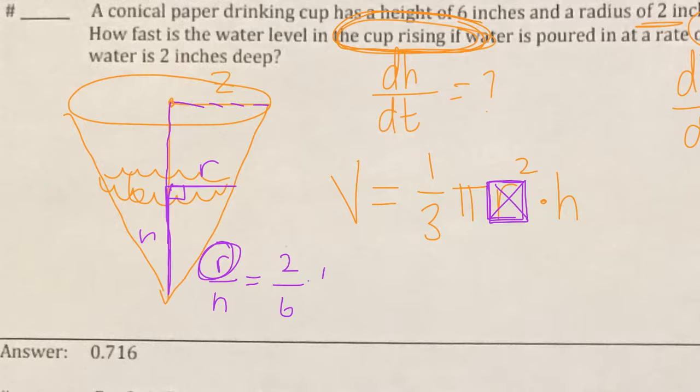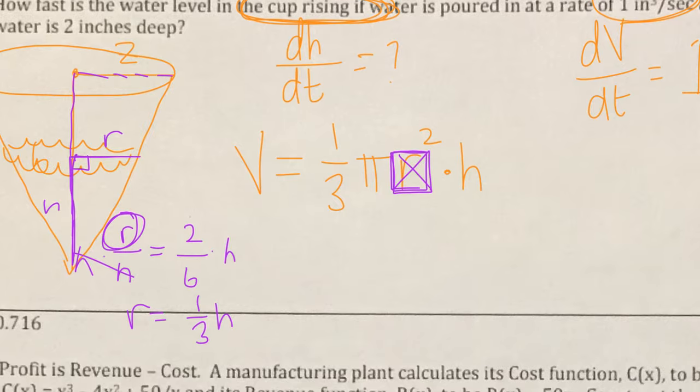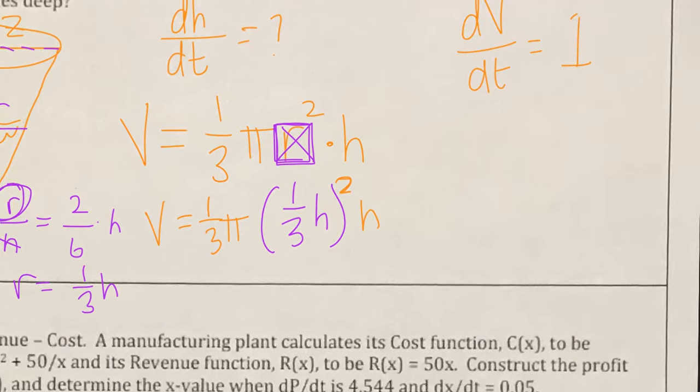So multiply both sides by h. Radius equals 1/3 of the height when we simplify, right? So over here we're going to come back in and replace r with 1/3 of h. I still have my 1/3 and my pi. I'm going to square that radius and multiply it by h.